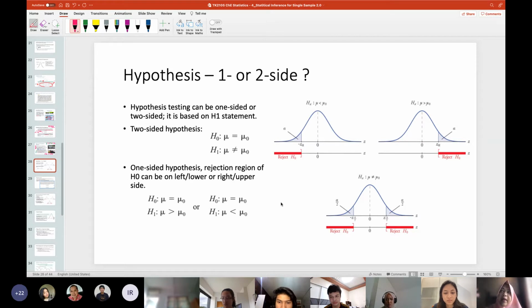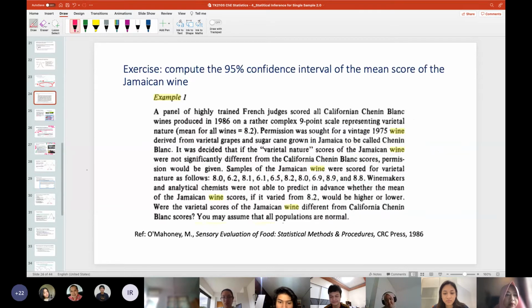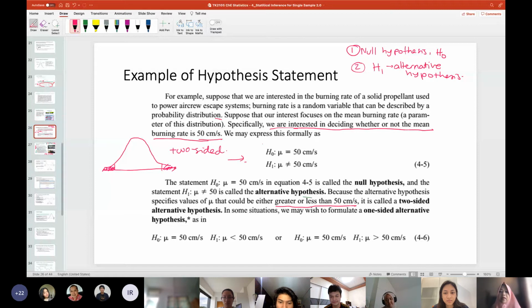Now, this one also tells you about the hypothesis being one side or two side. For example, here, we are interested in deciding whether the mean burning rate is 50 centimeters per second or not.